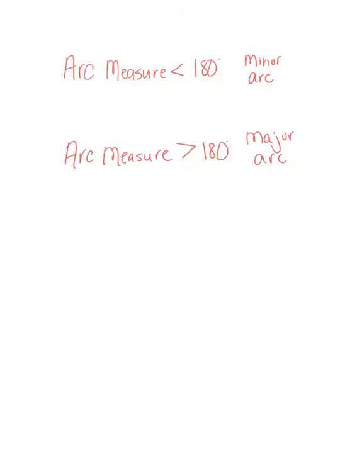I'll just go ahead and slip this in here in your notes. These are named by the end points of the arc. But a major arc needs to be named by 3 points.